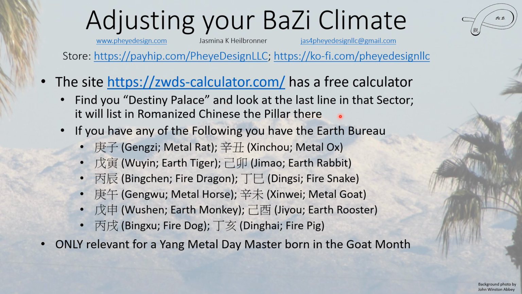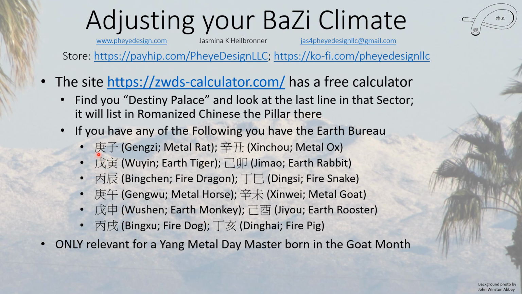And in the last line, because it will list a bunch of stars, it will tell you in Romanized Chinese, that is in English letters, what the pillar is there. And so you see whether or not you have any one of these animals, or actually pillars.